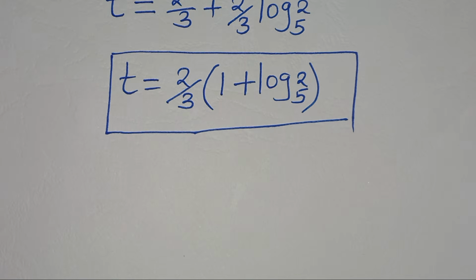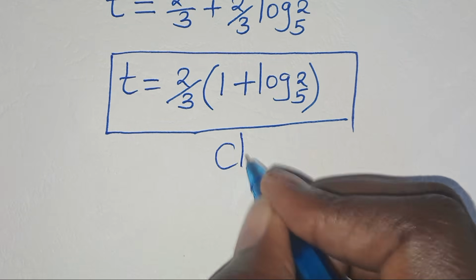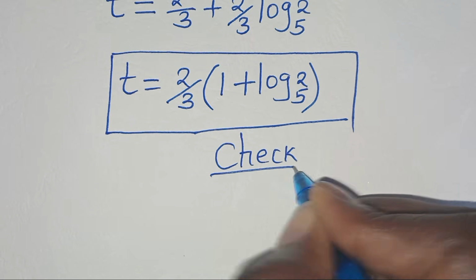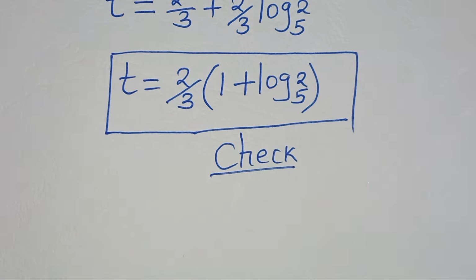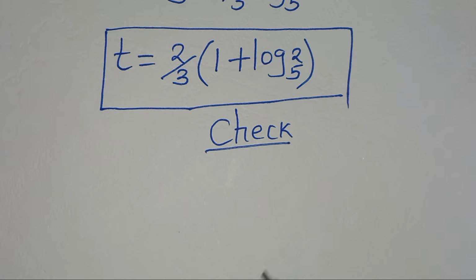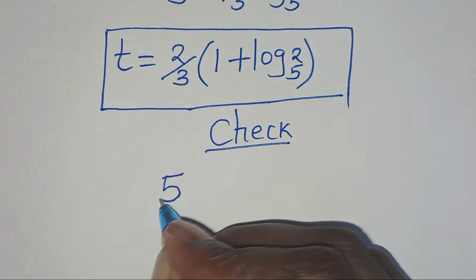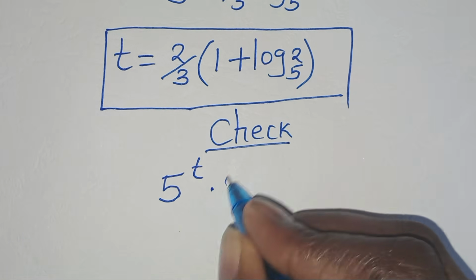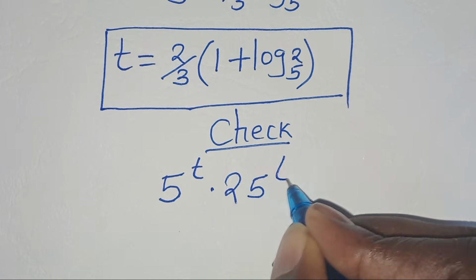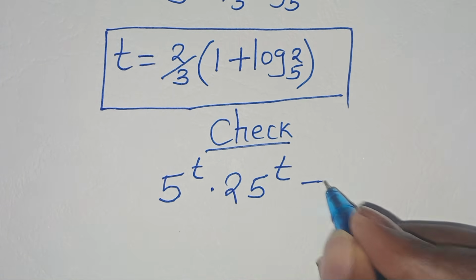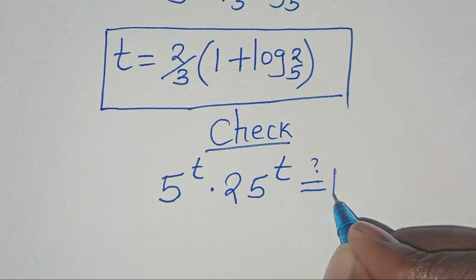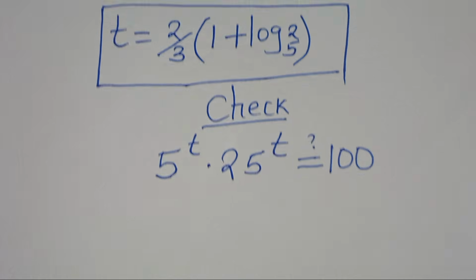Now the next step is to check if this value of t satisfies the equation. So if you recall, we have 5 to the power of t multiplied by 25 raised to the power of t. This is supposed to give us a value of 100.